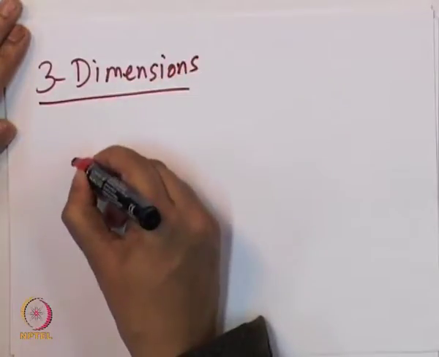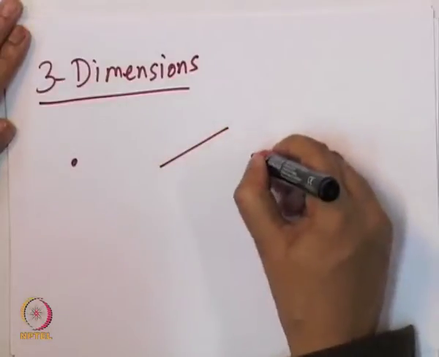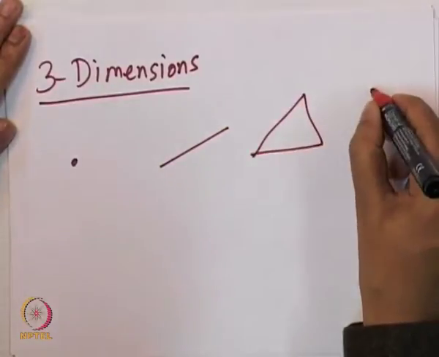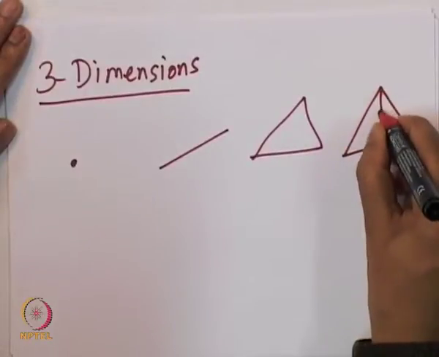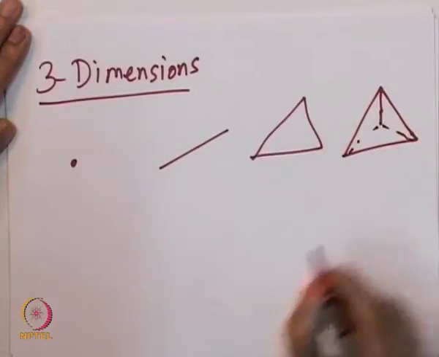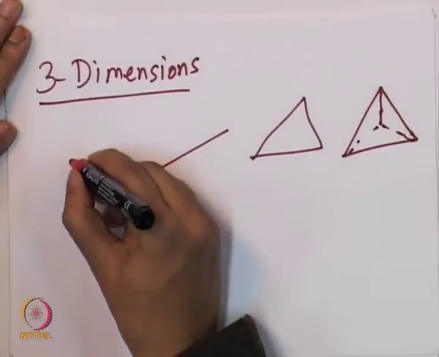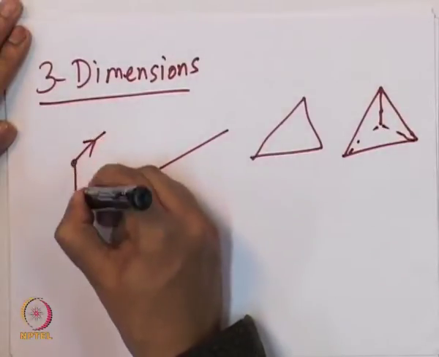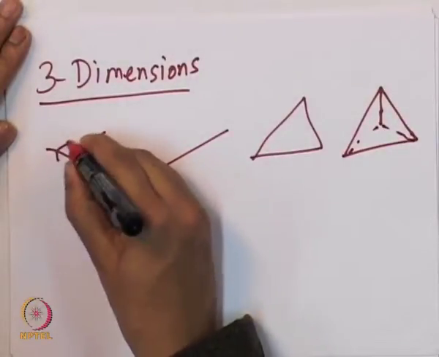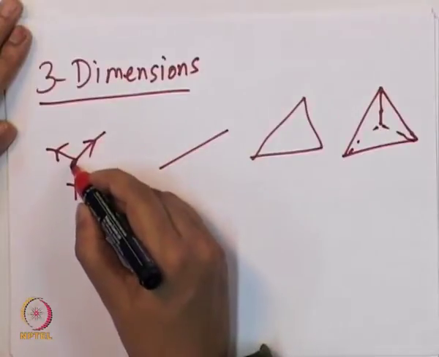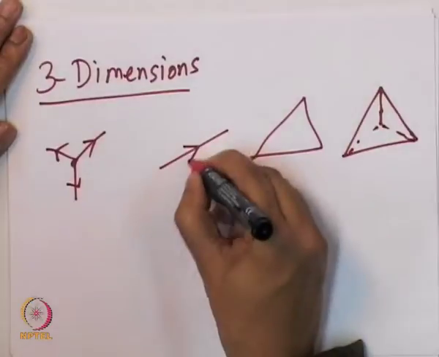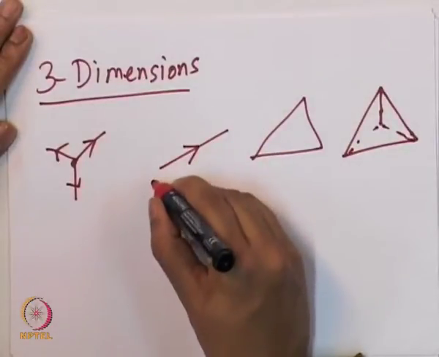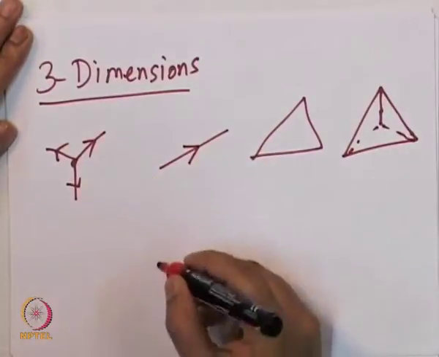Likewise, we have a point, we have a line, we have a triangle, a surface, and we have a volume. For the sake of simplicity, I am assuming only one of those 2 options, like for the point, the lines are going away from the point. Likewise, I am choosing a direction that is going from left to right.